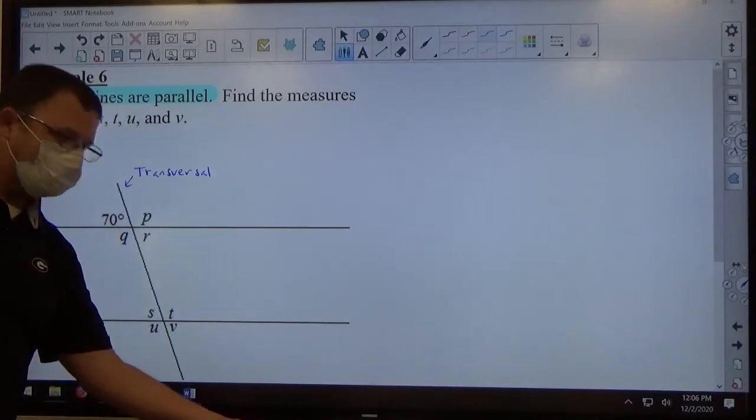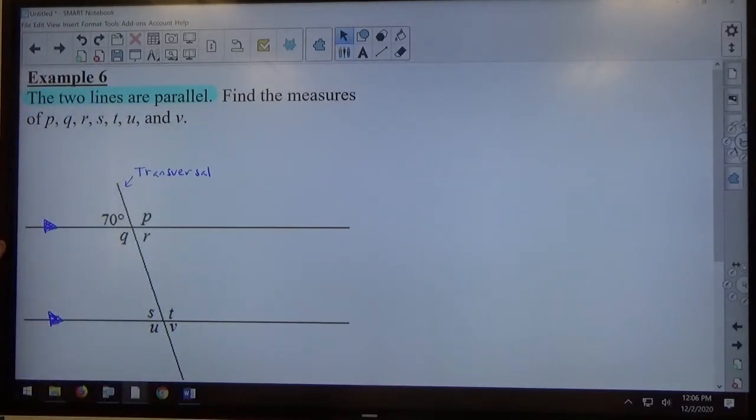The generic name of a transversal is any line that intersects two other lines. But the only place there are any properties associated with it is when transversals cut through parallel lines. So typically, when math teachers talk about transversals, it's in the context of a parallel line problem.